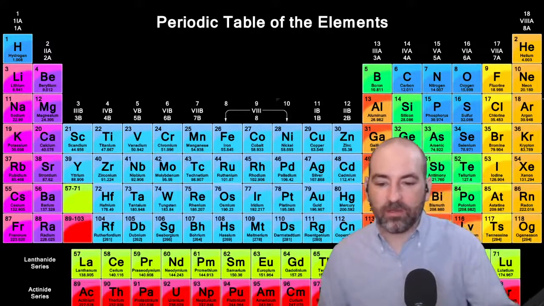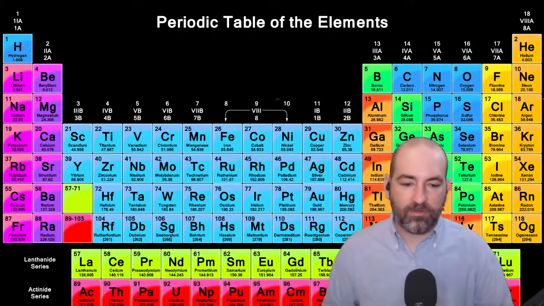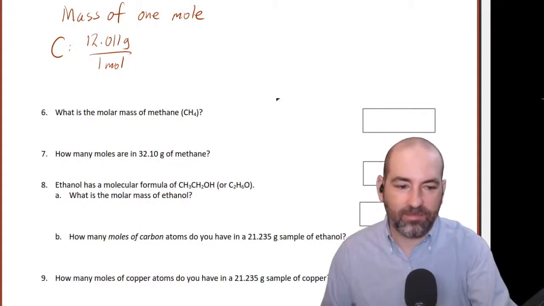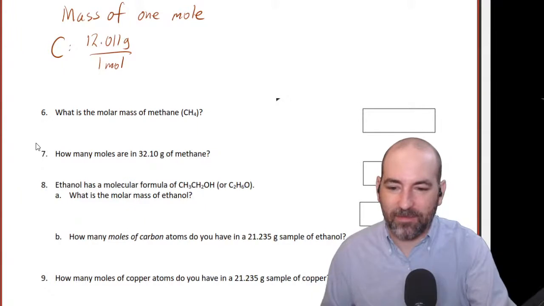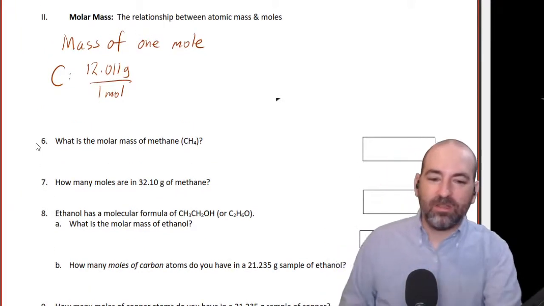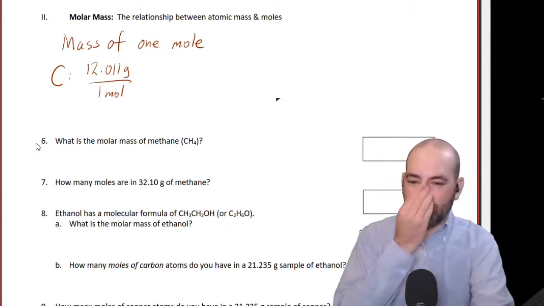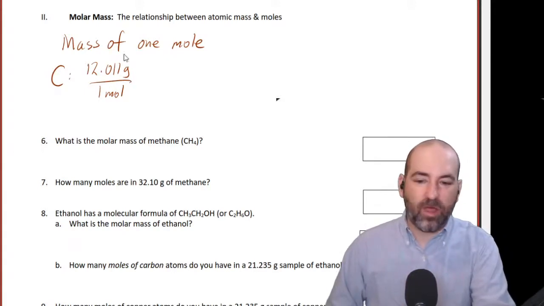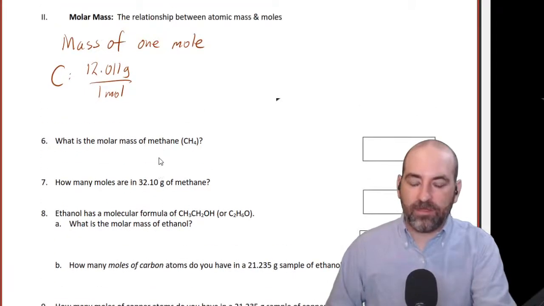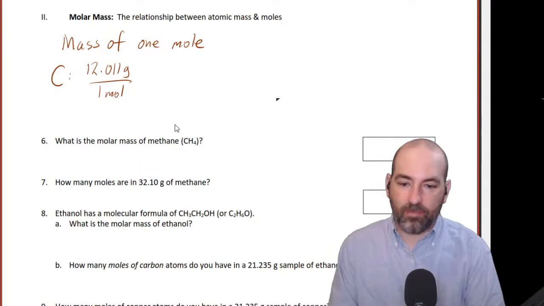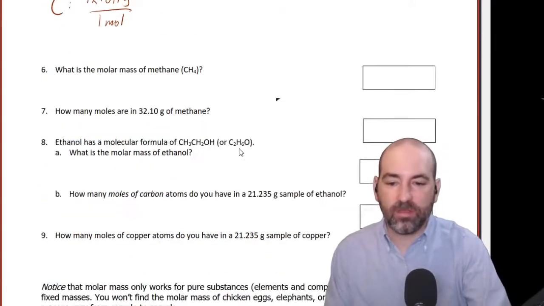For a compound like methane, sorry, I didn't take this off. So there's our mass of 1 mole. Yep. Thank you. Sorry about that. Now you can see it, I think. So there's the mass of 1 mole of carbon. We can write it as a conversion factor like this. In a compound like methane, we would just add those up for all the atoms in the molecule.